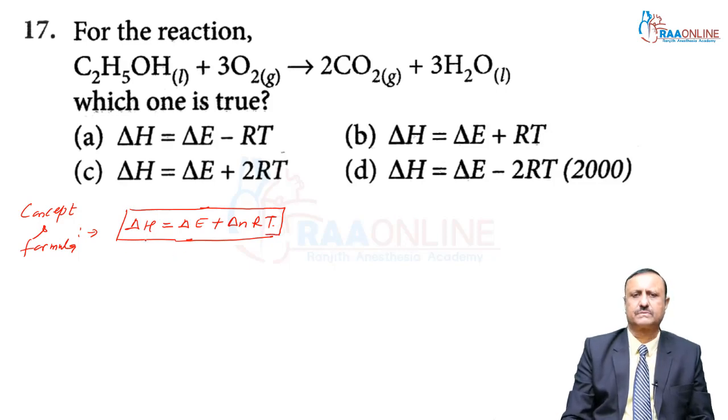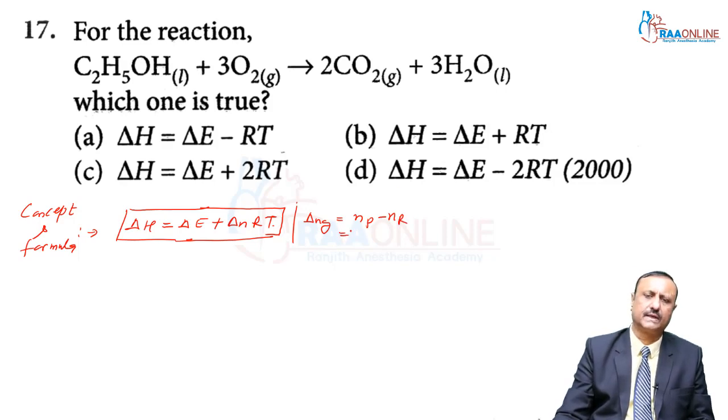Here my dear students, first of all we can calculate the delta Ng for this equation, because delta Ng is Np minus Nr. Here we can see what is the Np, gaseous moles of products. Here 2 moles of gas is present, here 3 is the liquid. So it is not counted for the reactant, because here liquid is present. So you cannot count this liquid.